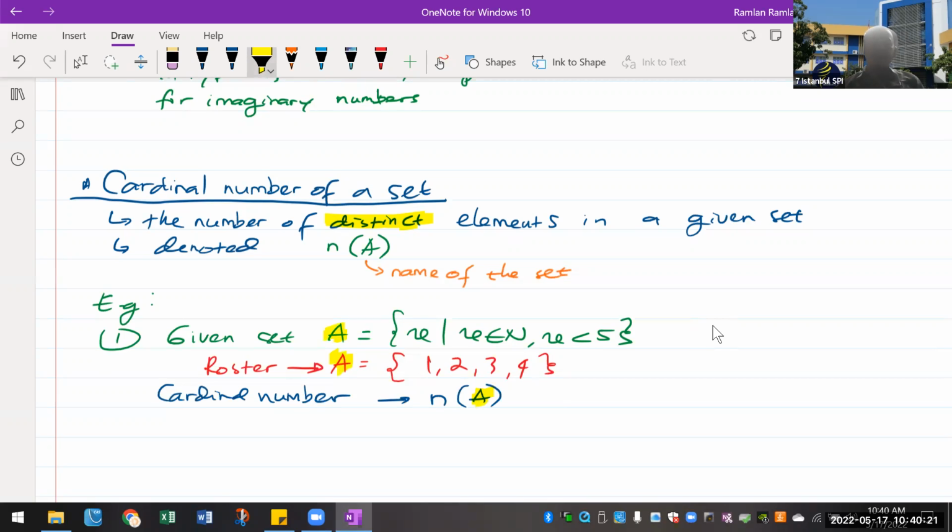So that letter inside that bracket will be different if the name of the set is not A. But now we're going to focus only on this one for this example. So this is just equals to 4. Why is it 4? Because we have 4 distinct elements: 1, 2, 3, 4. That's it. We only need to count how many distinct elements are in that set.